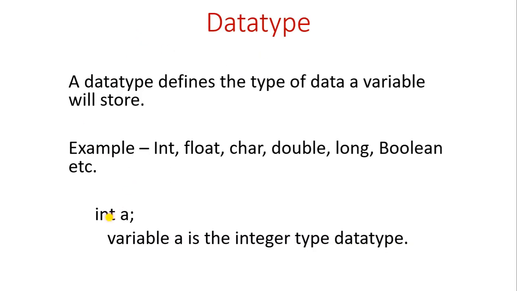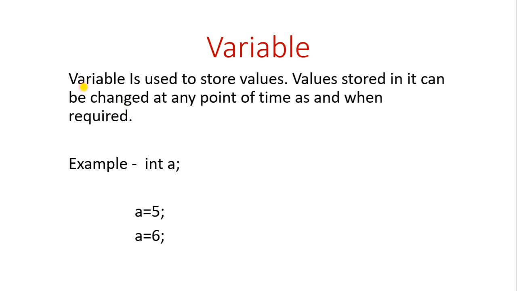Here a itself is the variable name. So a variable is used to store values. The values stored in it can be changed at any point of time as we require.